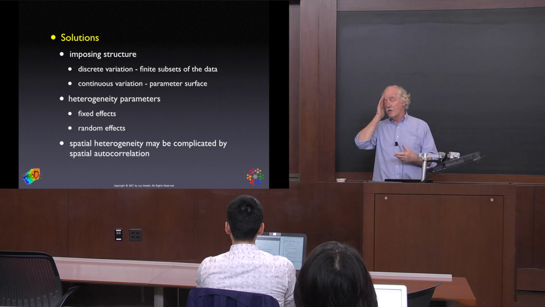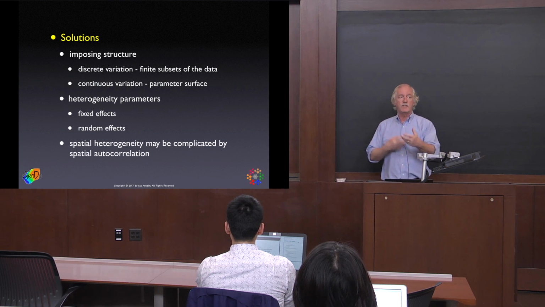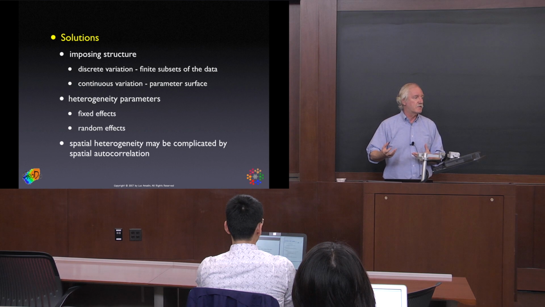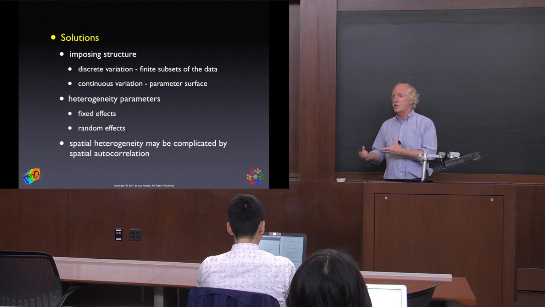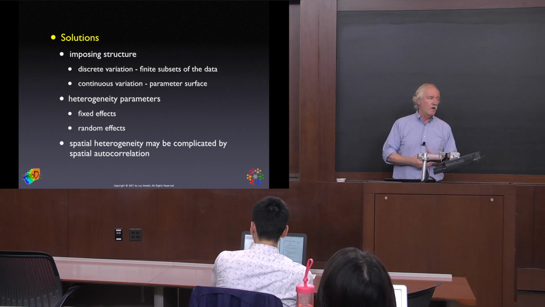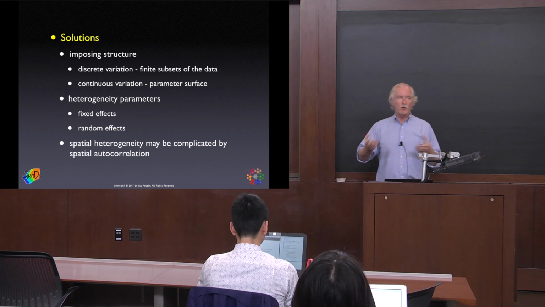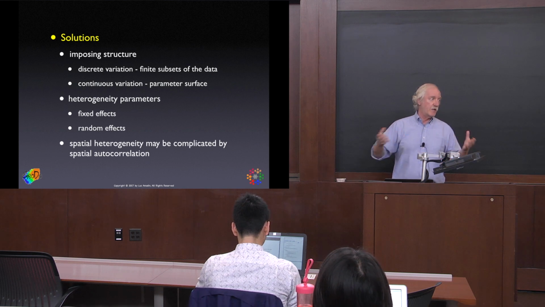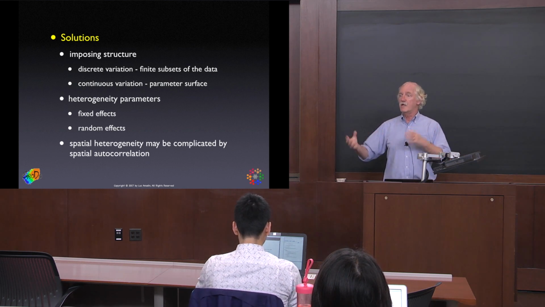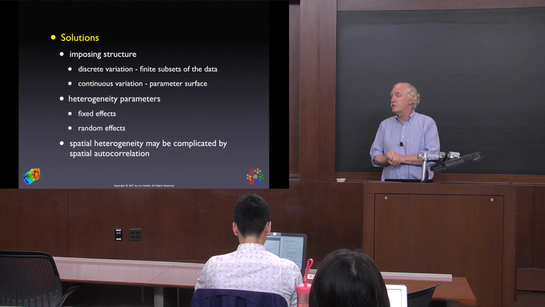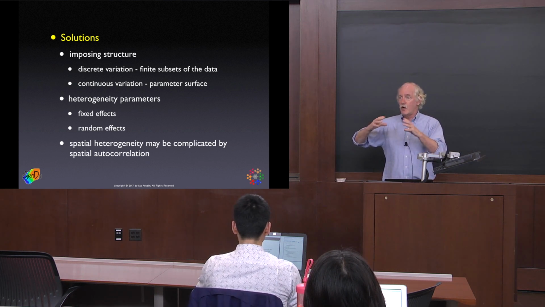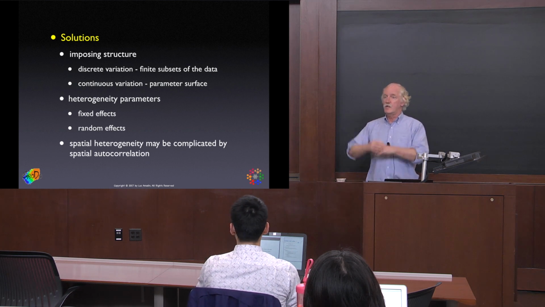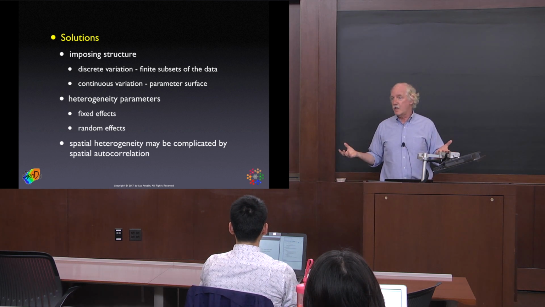So you can have spatial heterogeneity with spillovers, with spatial dependence. Or you can have spatial dependence that has a different nature in different subsets of the data. One thing you do in exploratory data analysis is, for example, explore this by linking and brushing, and then you find sometimes that in part of the data there is very strong spatial autocorrelation, whereas in other parts of the data there isn't any.